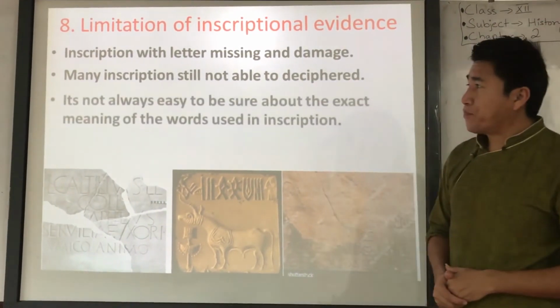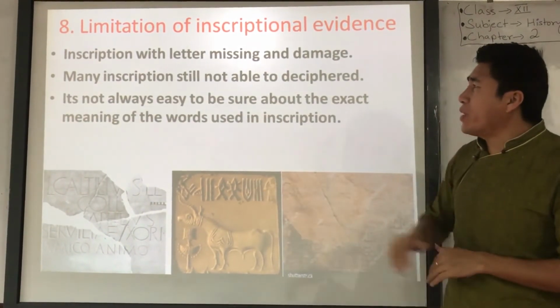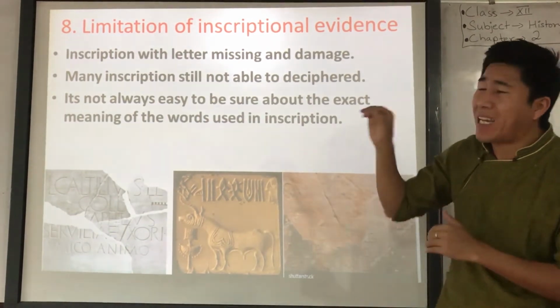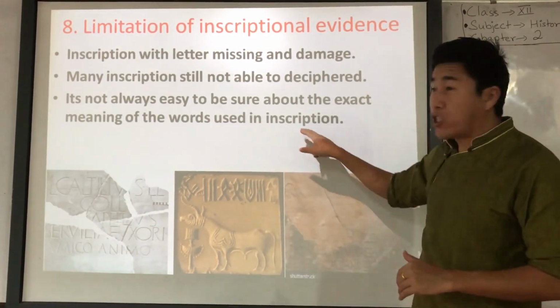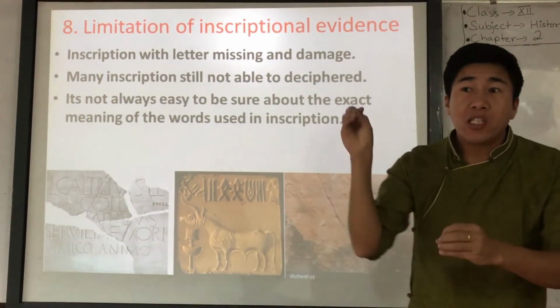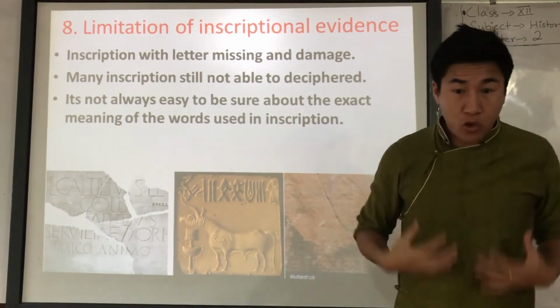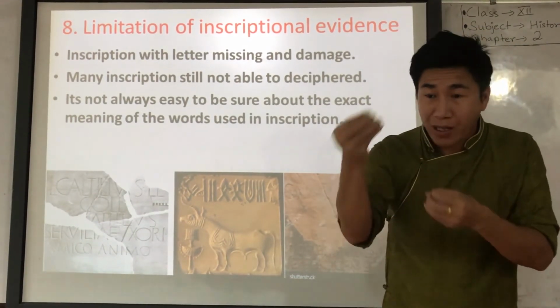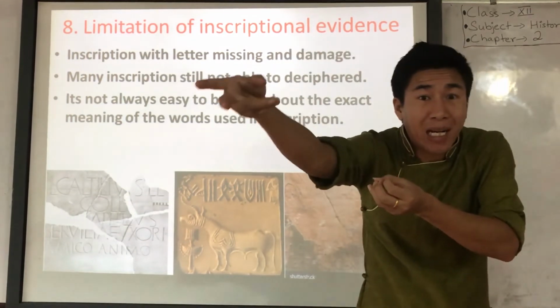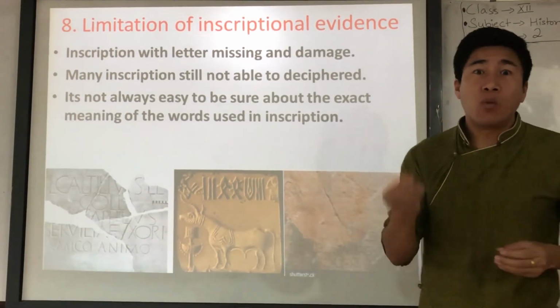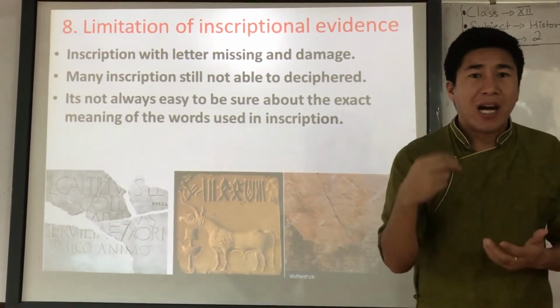And the third, it is not always easy to be sure about the exact meaning of the words used in inscriptions. Historians have to find the exact meaning of the word that was used during that time. Suppose I give you an example, the word foreigners, ajnabi.